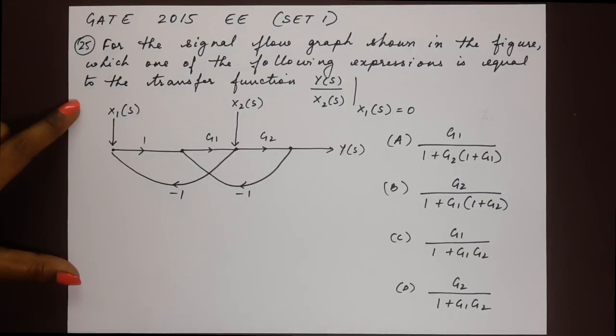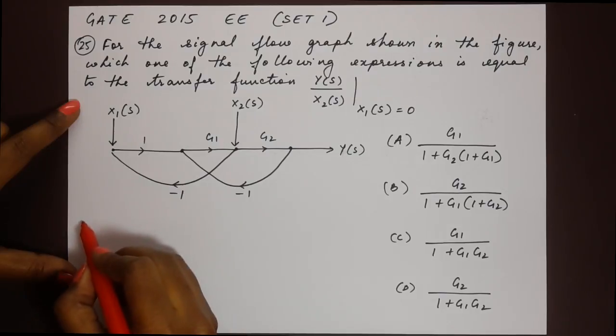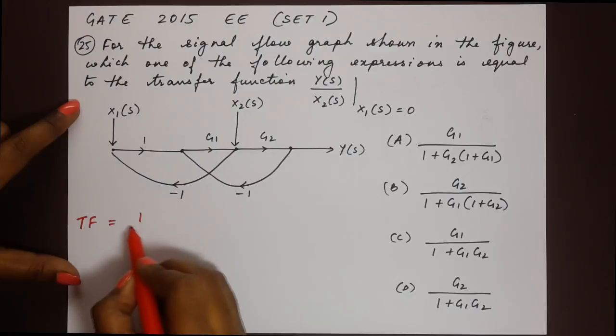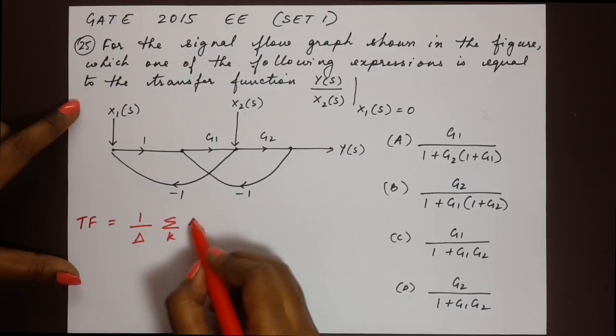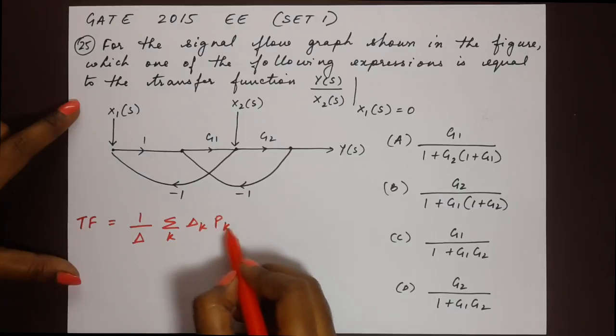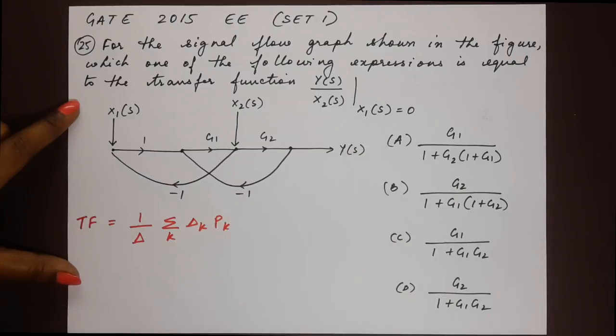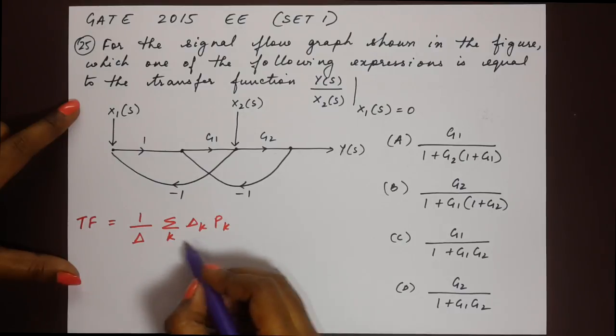Now in order to solve this, we will have to use Mason's gain formula, and Mason's gain formula gives us the transfer function as 1 by delta sigma k delta k pk. Now let's expand what delta and delta k is. So first delta.